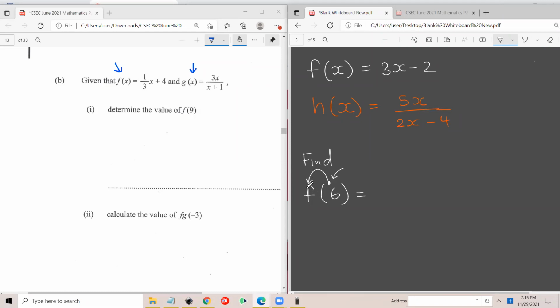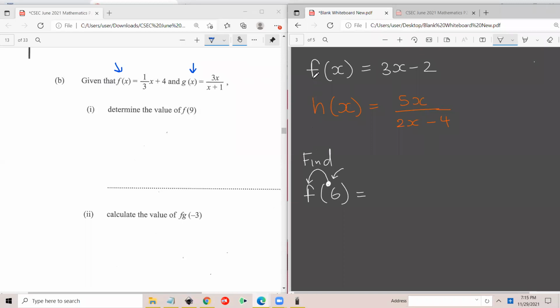I don't know what you always call this, but the point is, what he's really saying is take 6 and visit the letter f, and wherever you see a letter x, replace the x with 6.